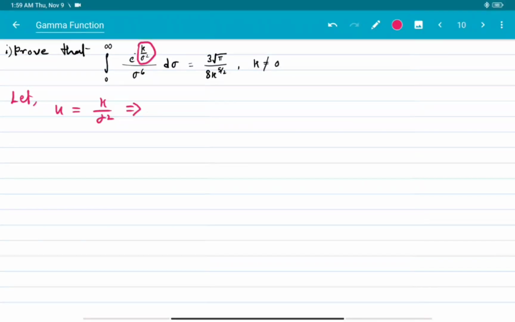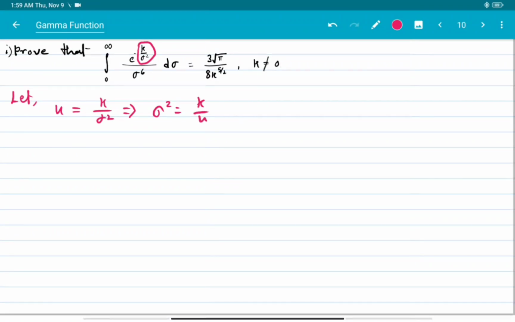So this is du of... rather than making it a bit complicated, let's write it as sigma squared equals k times u, so u over k.